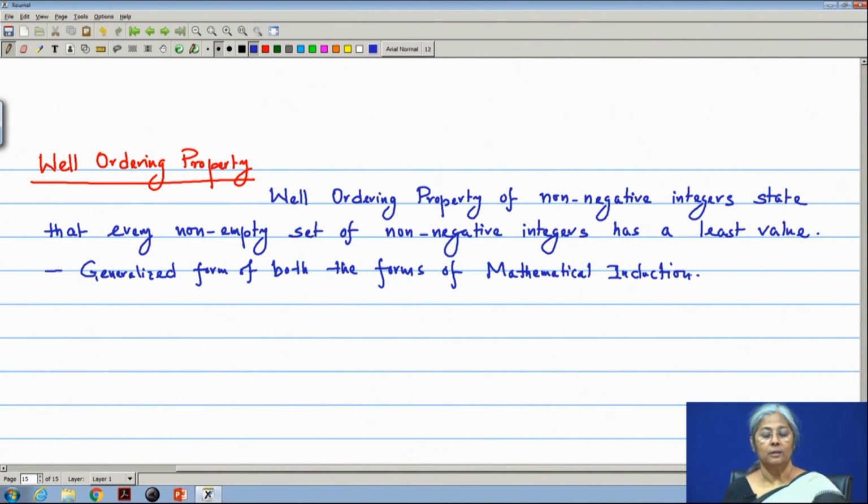I only mention that this well ordering property is mainly used to prove our well known quotient reduction theorem.